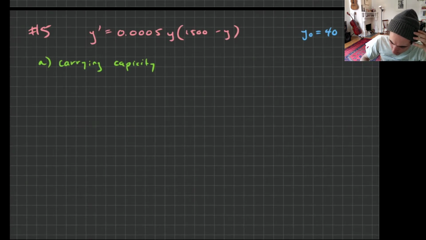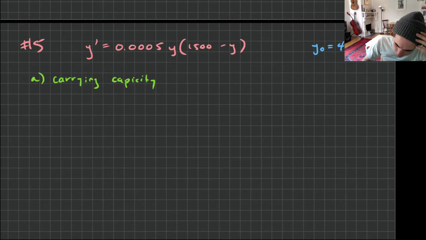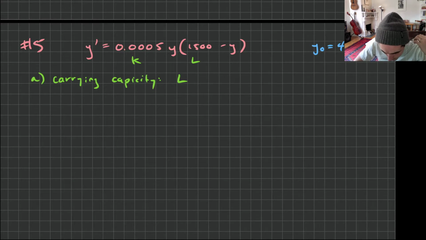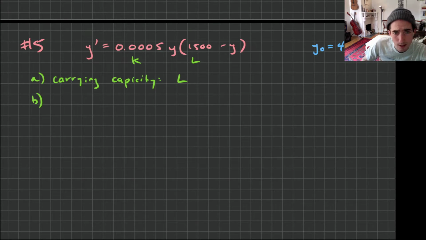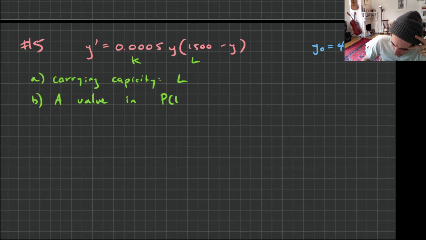So let's write out all these variables. This one is going to be our k, that smaller k, and this is going to be L. The carrying capacity is going to be L. So that's part A. Part B is, what's the A value in the formula for P of T?